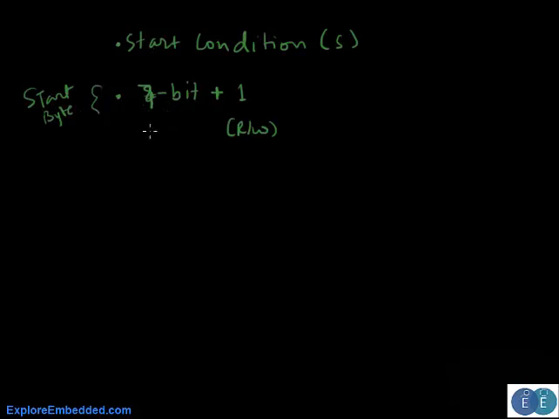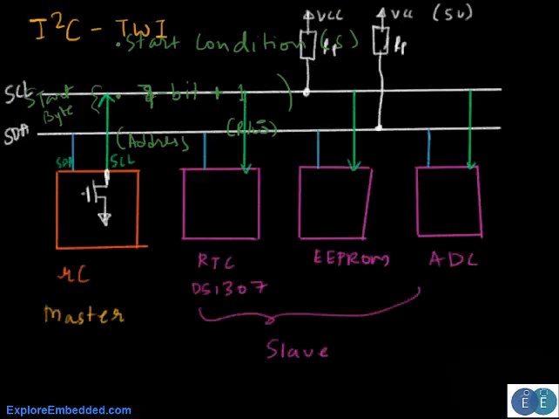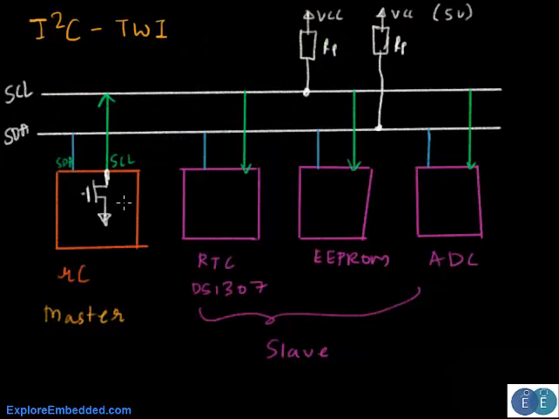So this is 7-bit. The 7-bit is the address, and there is one more bit which is read/write bar. Now since the master is sending it, the 7-bit address is the actual slave address that we are transmitting it to. If we look at the picture, say the microcontroller wants to communicate with an RTC, so it needs to send its address first.